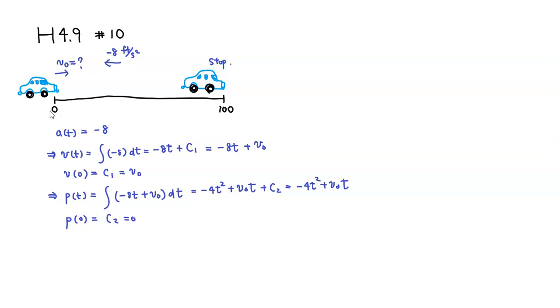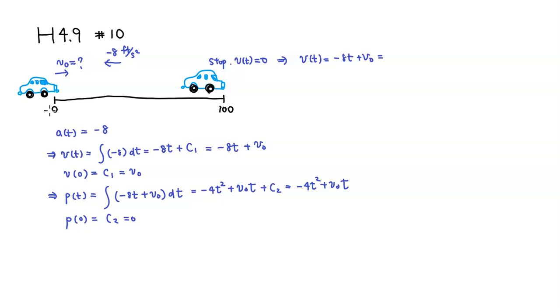Now, using the fact that it took 100 feet to stop, when does it stop? Here, the velocity is 0, so v of t is actually 0. Let's use that to find the time. v of t is negative 8t plus v0.